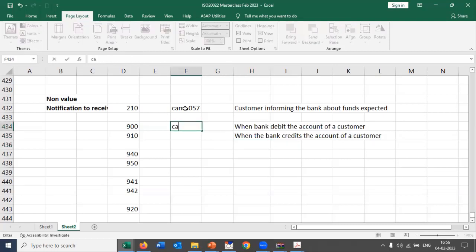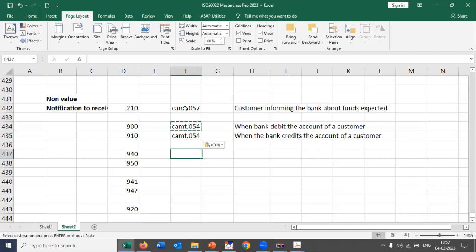Equivalent of 900 is CAMT054, and equivalent of 910 is also CAMT054. So when your account gets debited or credited, in ISO world, you'll receive the CAMT054 for both. In MT world, you'll receive 900 and 910. 900 for a debit to your account, 910 as a credit to your account.